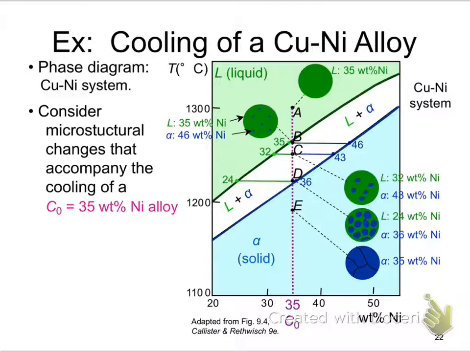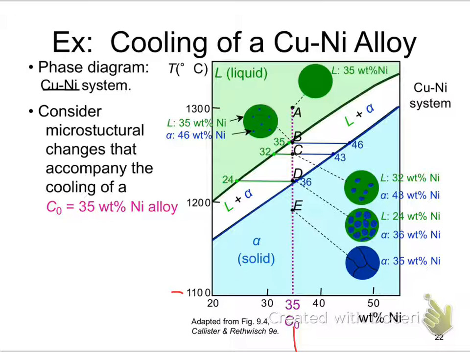In our same copper-nickel system, we're going to use our same value of 35% nickel by weight, and we'll start at 1300 degrees Celsius, so we're at point A. We're going to consider the microstructural changes that accompany the cooling. If we take it down from 1300 to 1100 degrees C, we're going to see some changes.